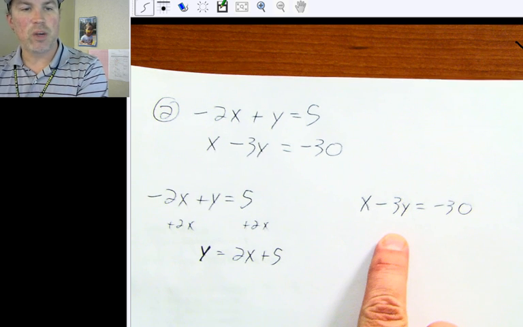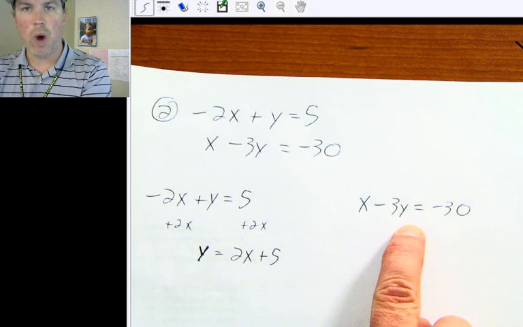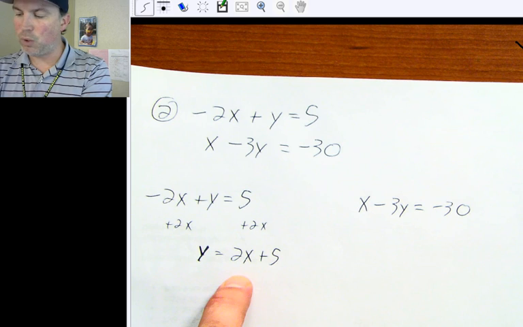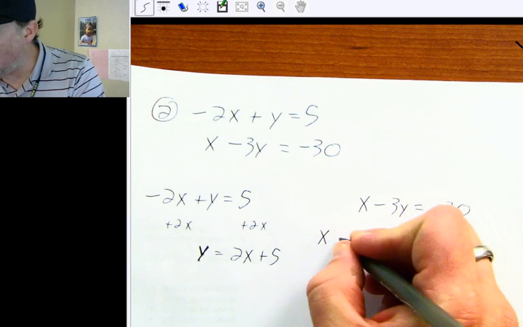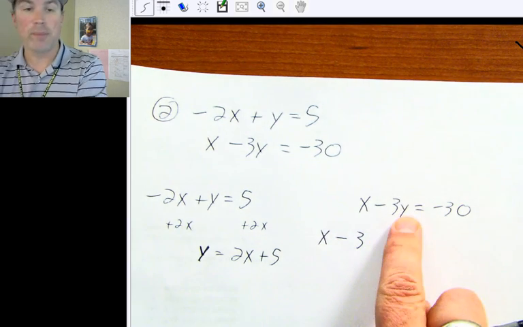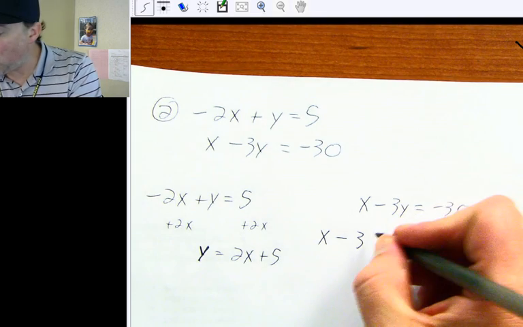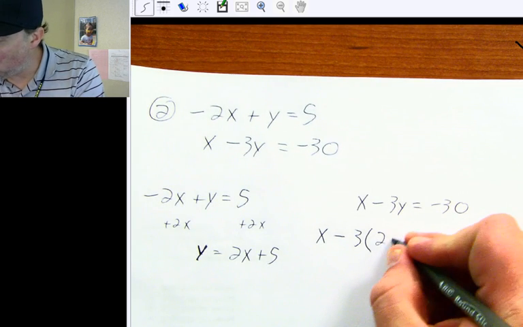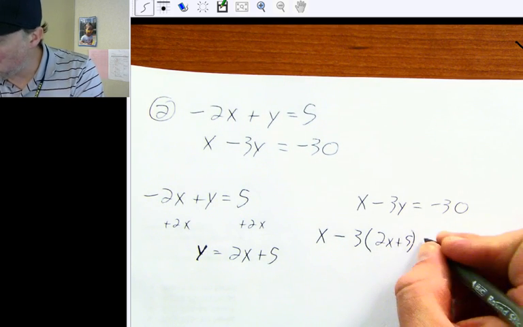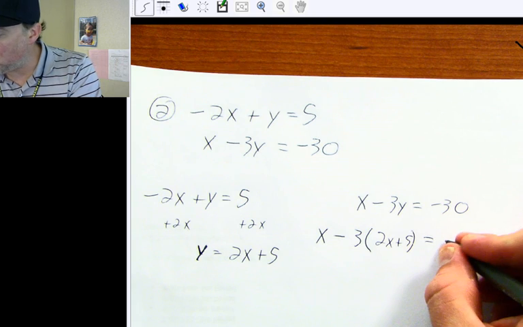We're going to go through this equation, and everywhere we see a y, we're going to plug in what y is equal to, which is 2x plus 5. So x minus 3, here comes the y. Instead of writing the y, I'm going to write what y is equal to, which is 2x plus 5, equals the same negative 30.